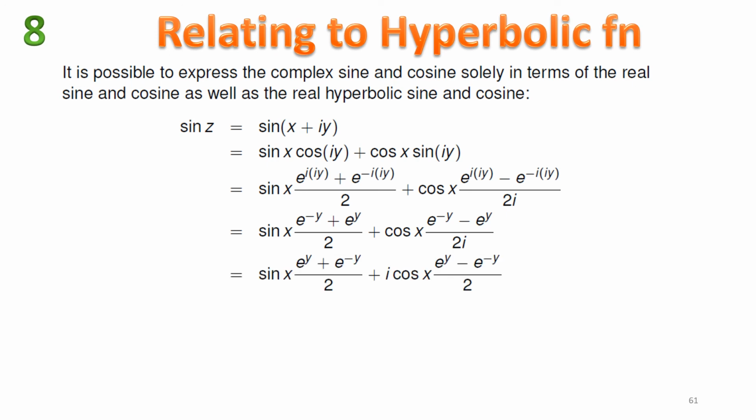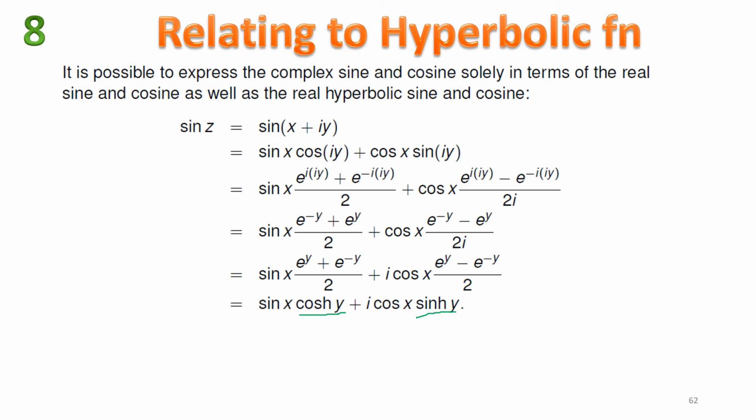So we can simplify this as a convenient expression, and here also. So this is cosh of y and this is sinh of y.